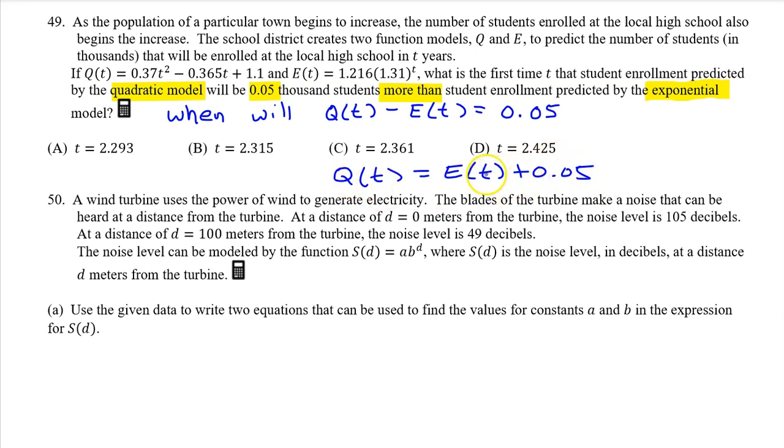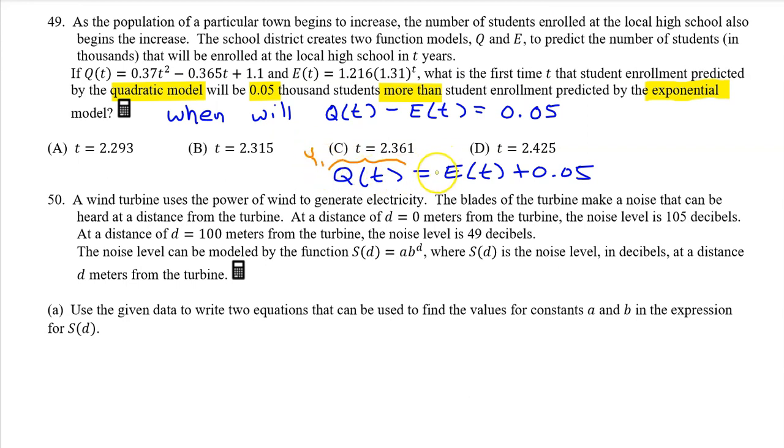To solve this equation, we can graph these in the graphing calculator and see where they intersect. So go ahead and type the left side of the equation in as y1. So type the quadratic equation in as y1. In fact, let's make a little note to ourselves that this side of the equation is going to be y1.